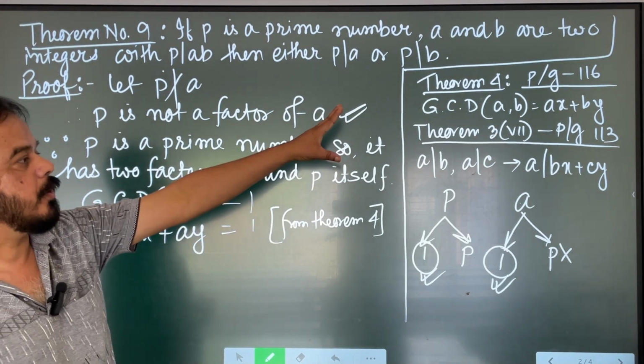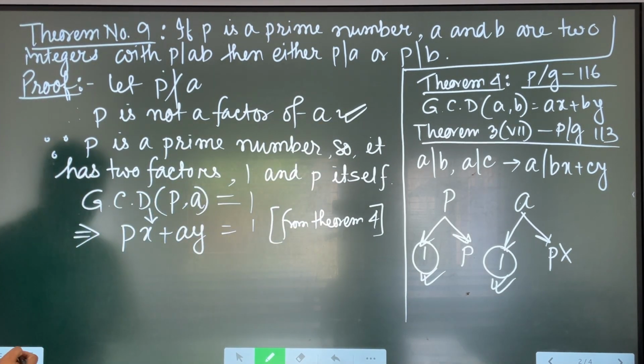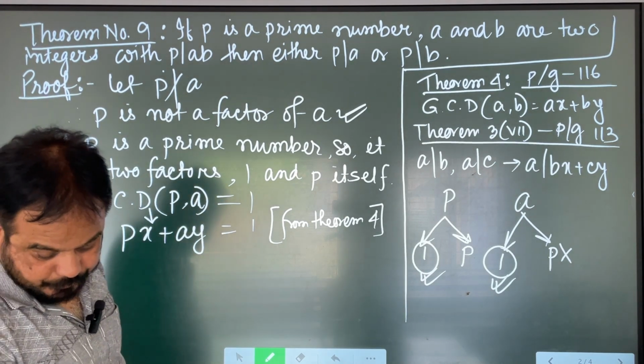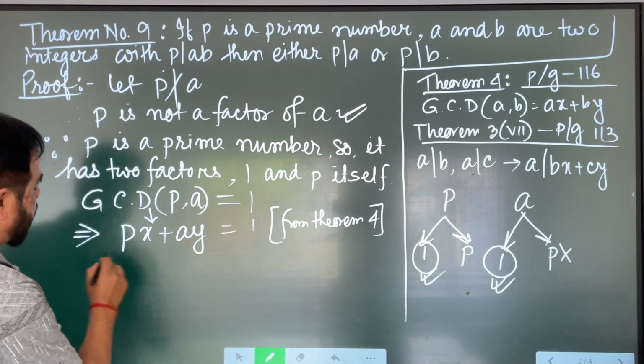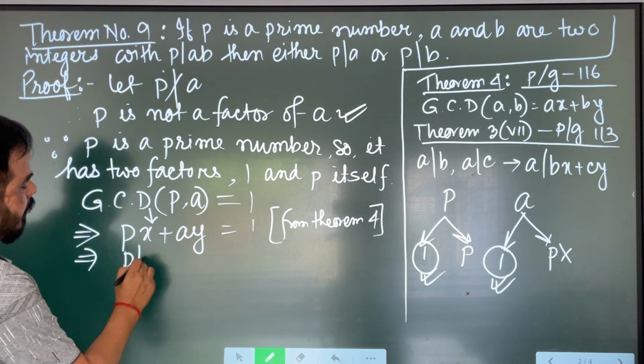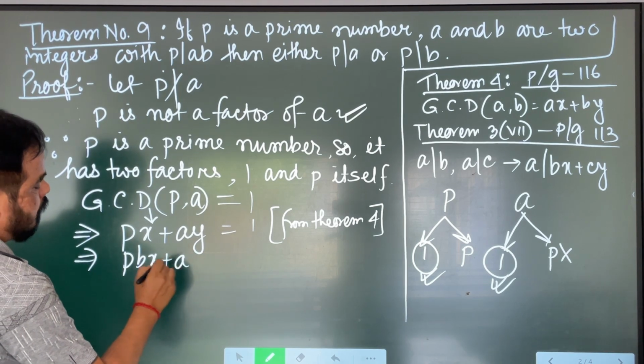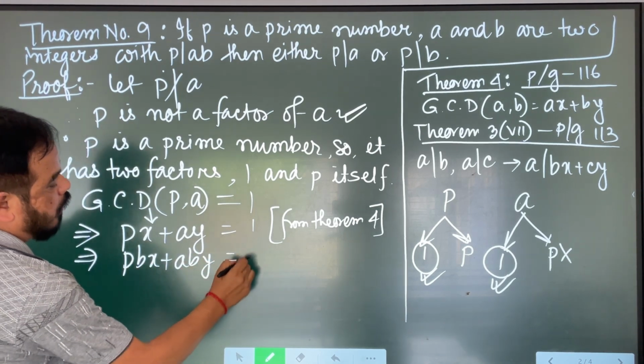Now what have we understood? Now we can do one thing. We can multiply each term by B: PBX plus ABY is equal to B.